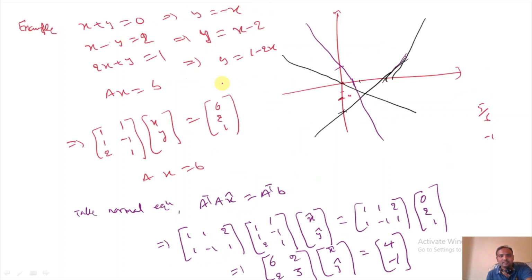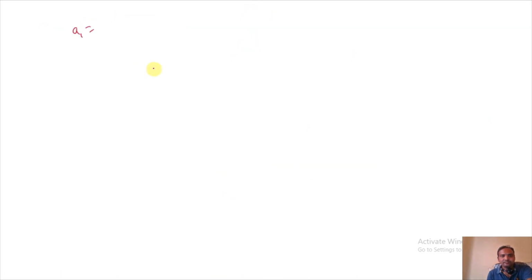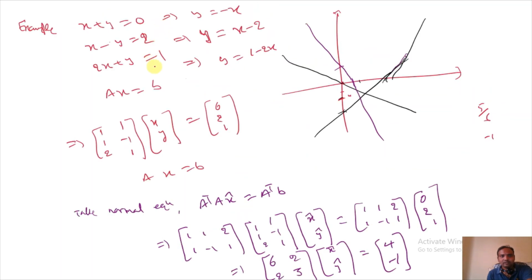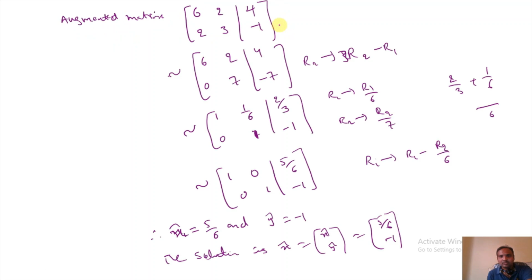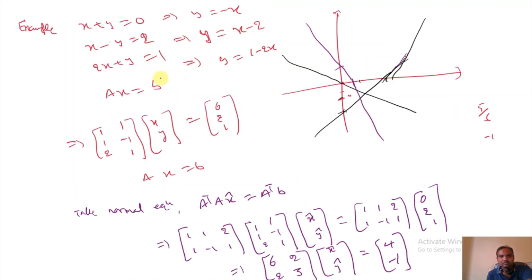Suppose, for example, a1 is 1, 1, 2, a2 is 1, minus 1, 1, and b is 0, 2, 1.